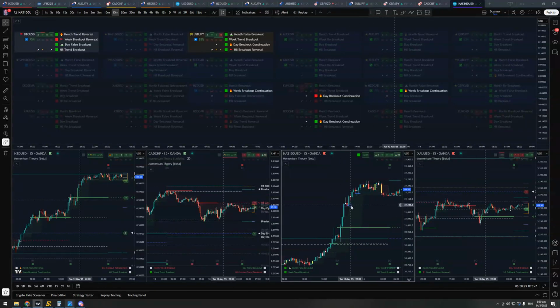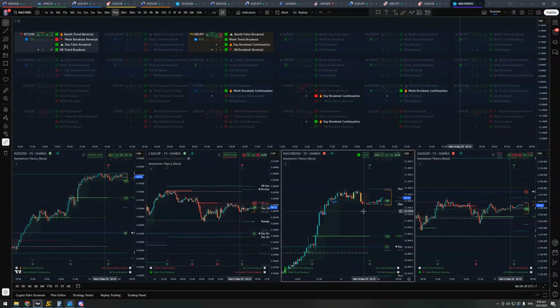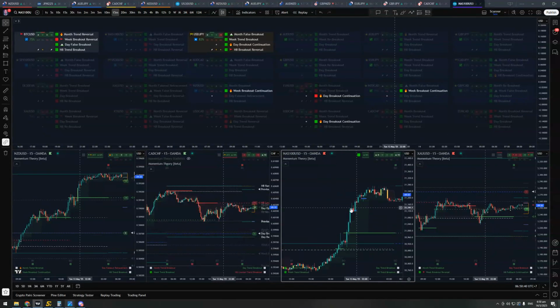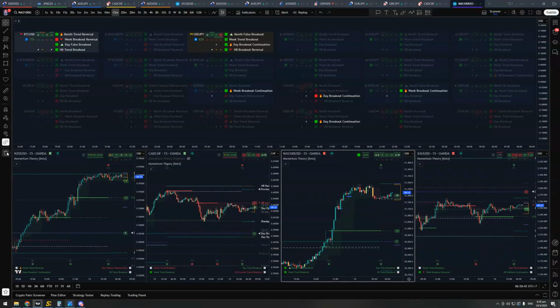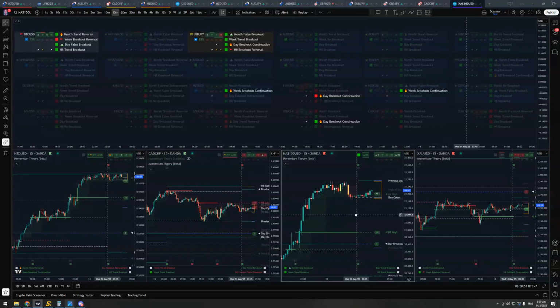I prefer these to pull back deeper for me to take them. I'm not really confident taking these ones when they're too high up already and then go higher. I have no problem taking them, but I don't really like these sort of moves. I prefer a much deeper pullback.